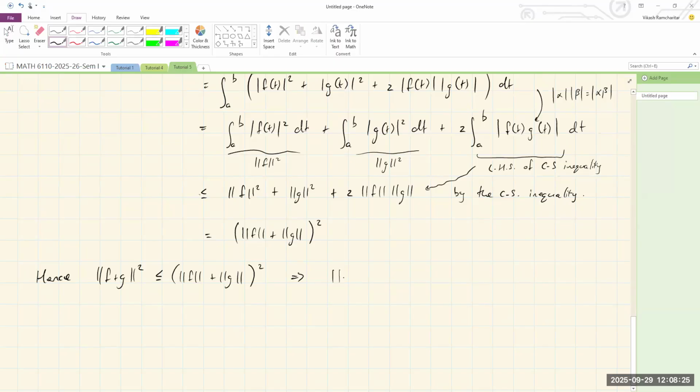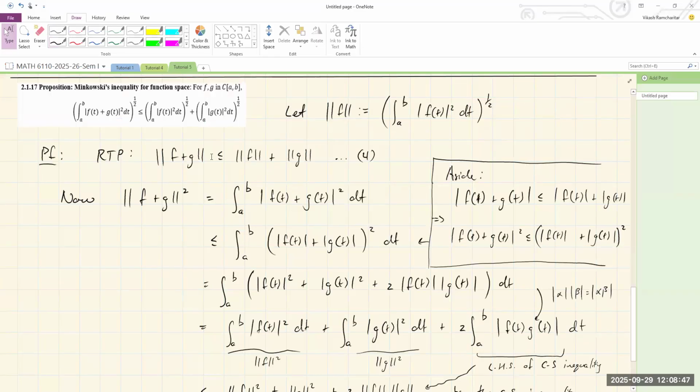So we get the norm of f plus g is less than or equal to the norm of f plus the norm of g, which is 4. Okay. That was inequality number 4, which is what we wanted to prove.